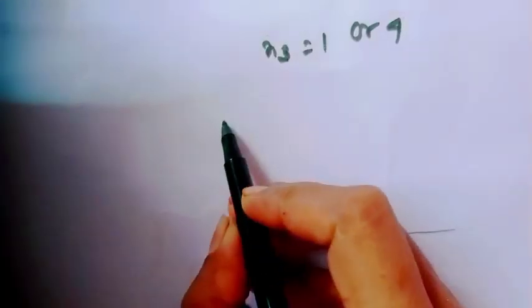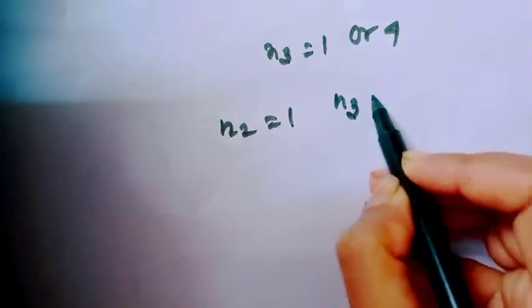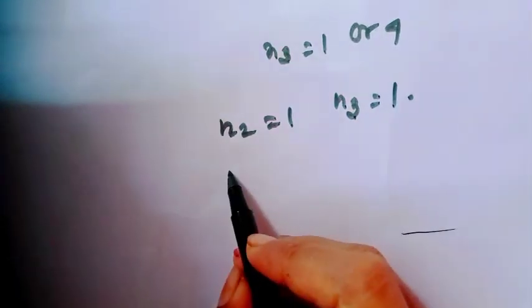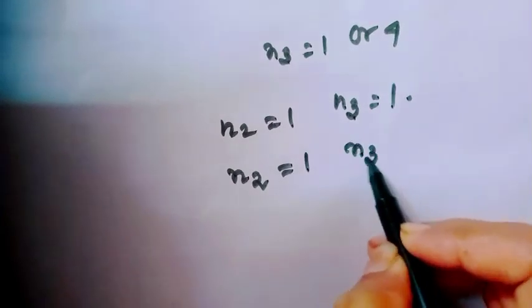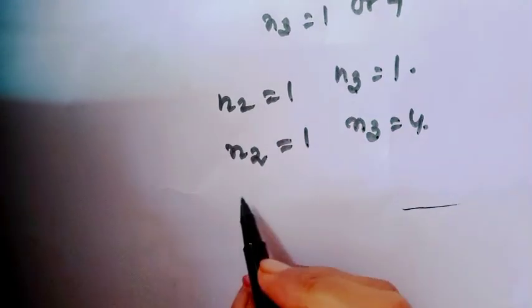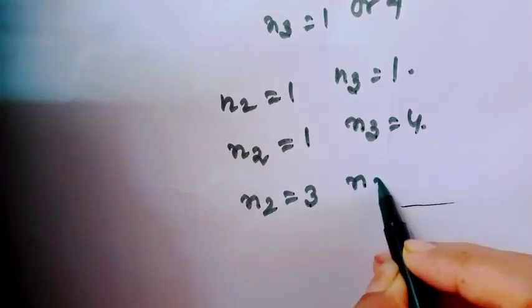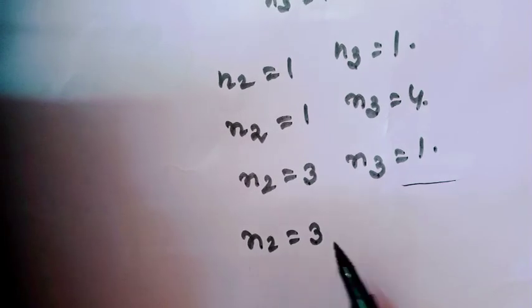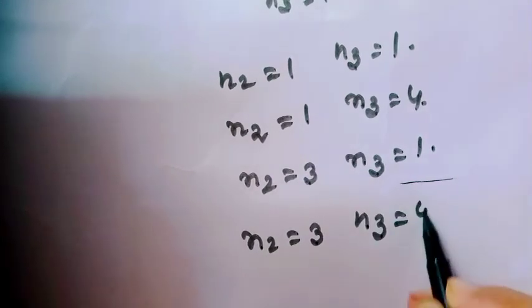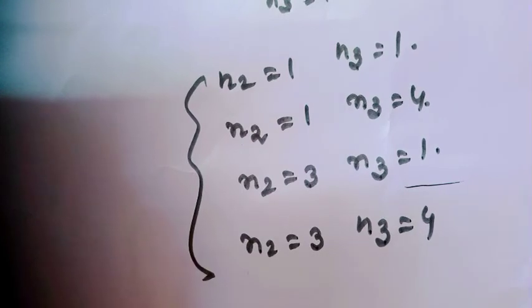That means we can choose either n2 equal to 1 or n3 equal to 1. The other choosable case is n2 equal to 1 and n3 equal to 4. Also we can choose n2 equal to 3 and n3 equal to 1, and n2 equal to 3 and n3 equal to 4. And these are our 4 possibilities.